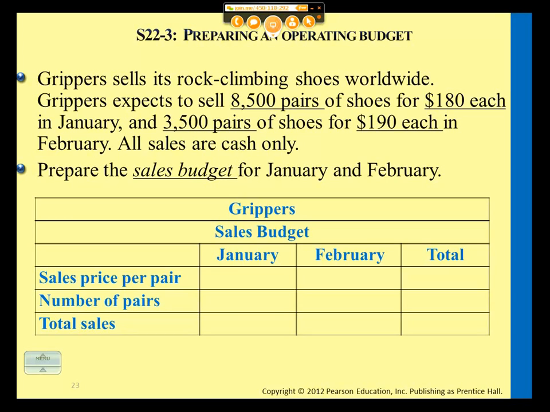1,590,000. So for January, number of pairs... 1,530,000.